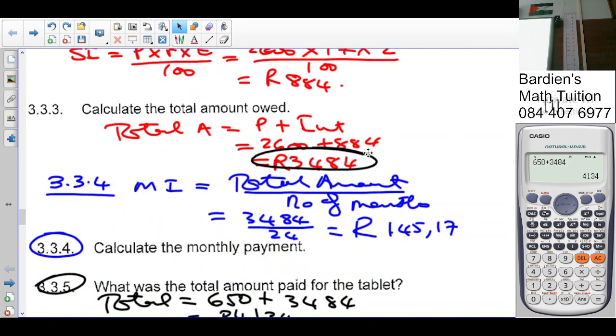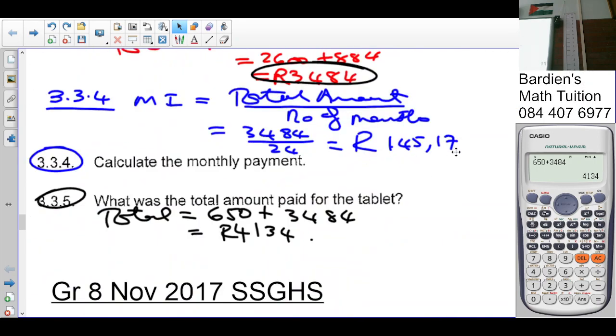So if the installment is 145.17, you can pay extra a month. Yes, and then the time span will be less. But for simple interest, it will be the same amount. Even if you pay extra, he's still going to pay a total of 3,484. However, for a house, the interest is calculated differently.